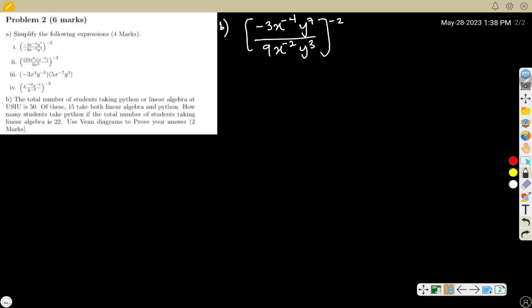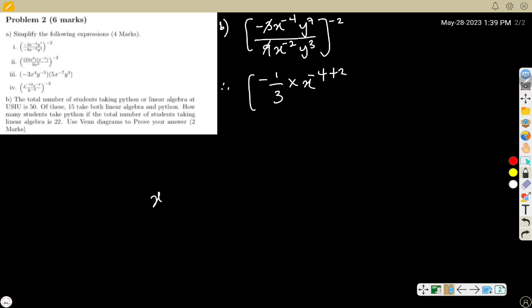So to simplify this, I'll make it faster. You can actually cancel out 3 in 1, 3 in 1. So I have −1/3 times x raised to power −4 plus 2. You know this is divide here.